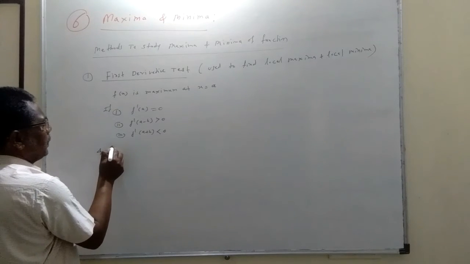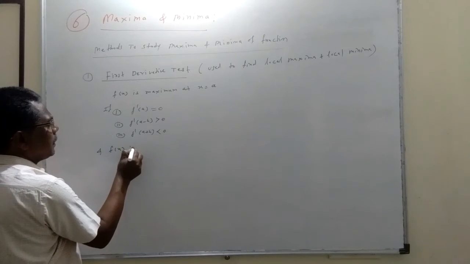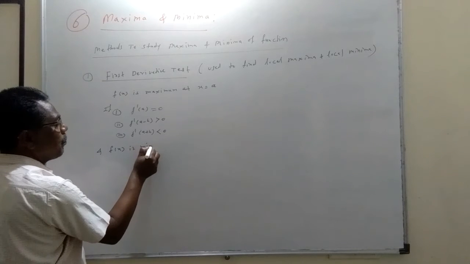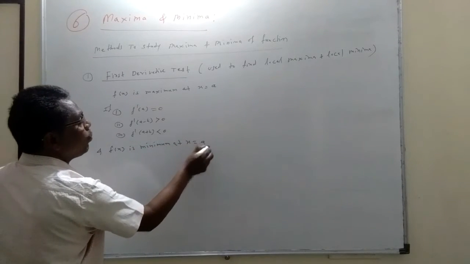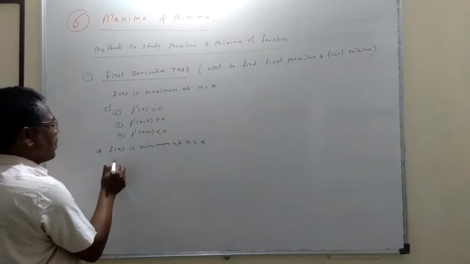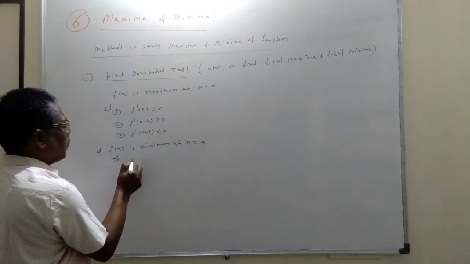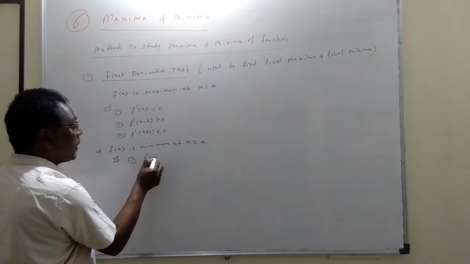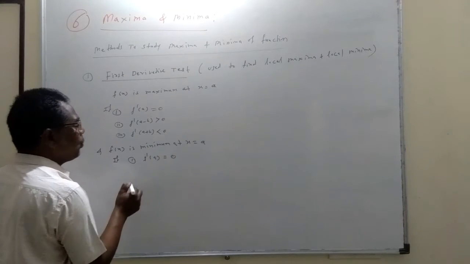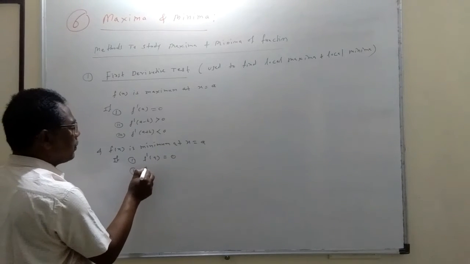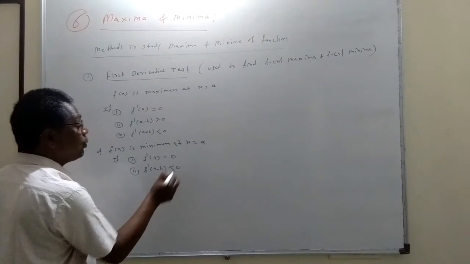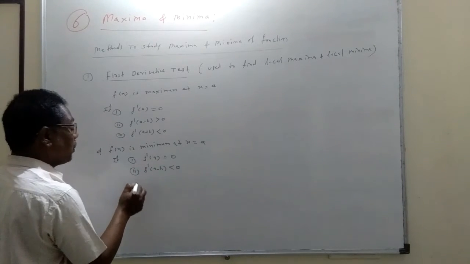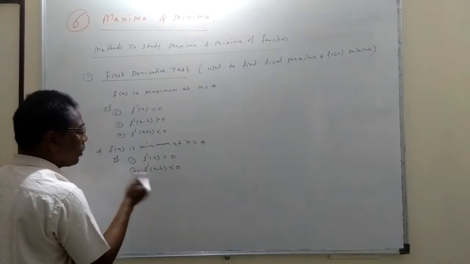And f of x is minimum at x equal to a if: first condition, f dash a equal to 0. Second condition, f dash of a minus h is less than 0, a decreasing function on the left side.